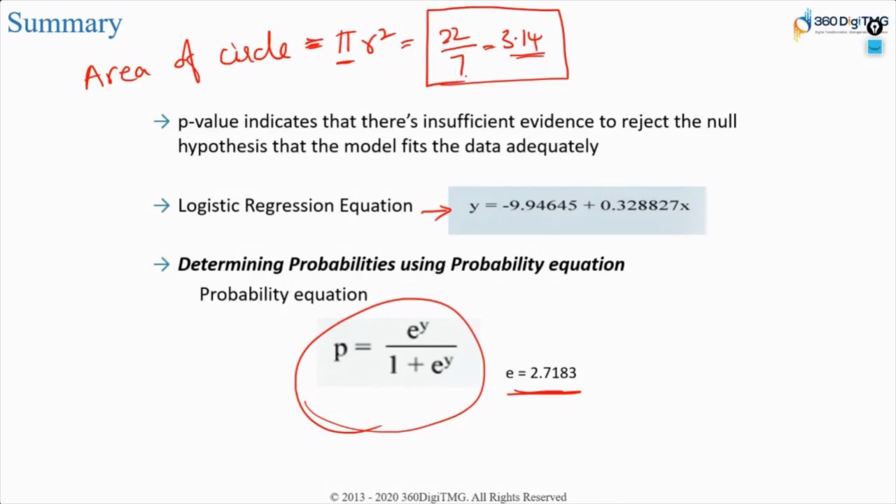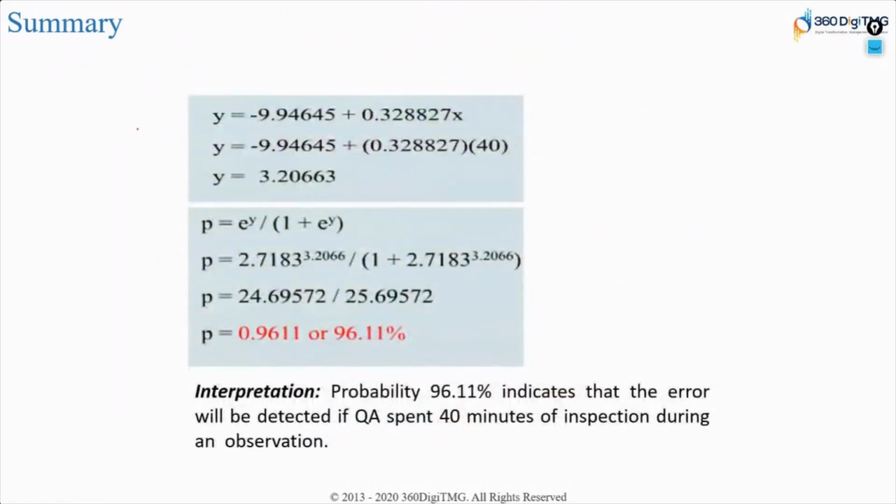Why did statisticians and mathematicians come up with this number? Because when they used that number, they were able to effectively calculate the area of the circle. On similar lines, pi is a constant which is 3.14, and E is a constant which is 2.7183.